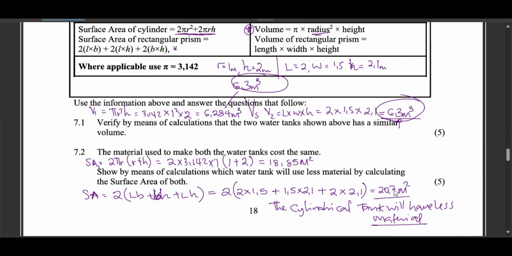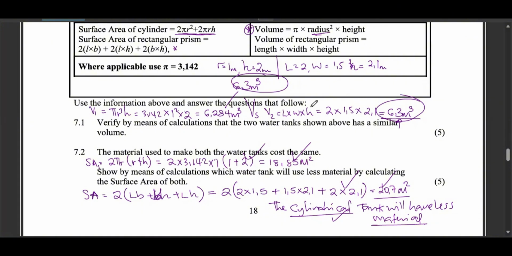That was the question. So 2 marks for substitution, answer, and another mark is for your conclusion. Don't forget about that. We are asking you to choose which one will be better.